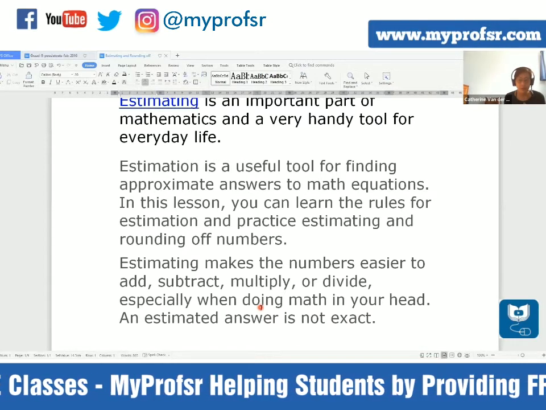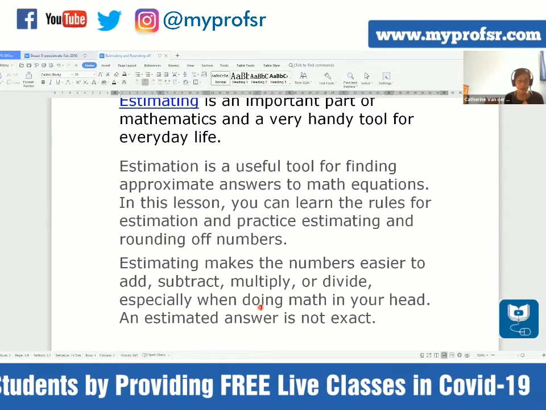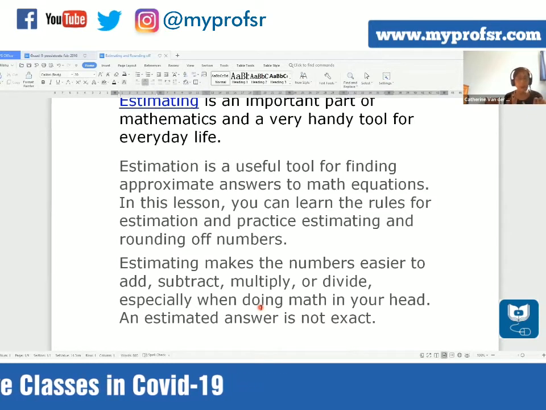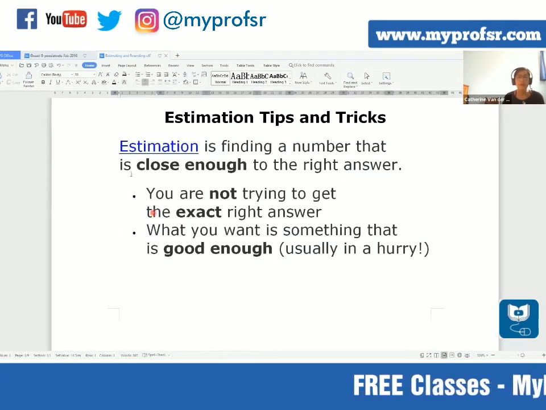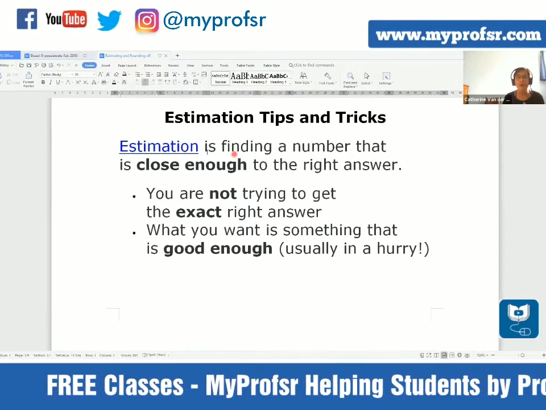But what we want to arrive at is a number which is maybe not exactly correct, but which is still usable. So in other words, we're looking for an answer which is close enough to the right answer.